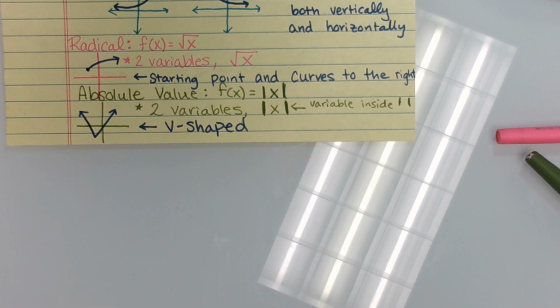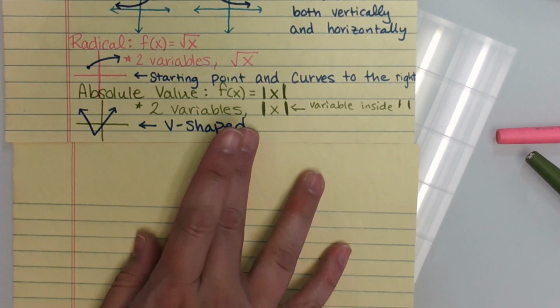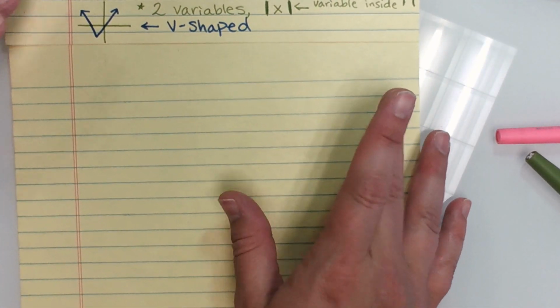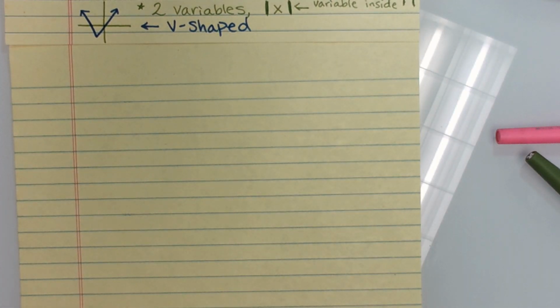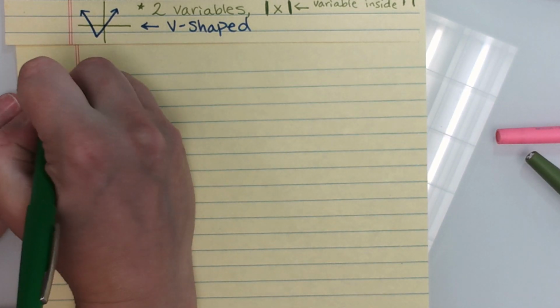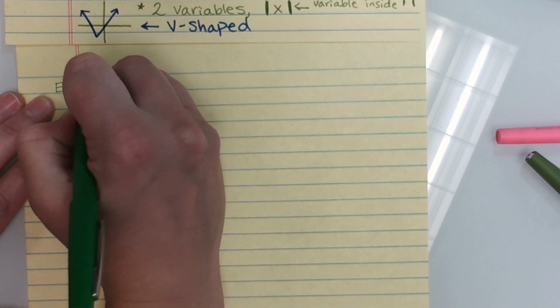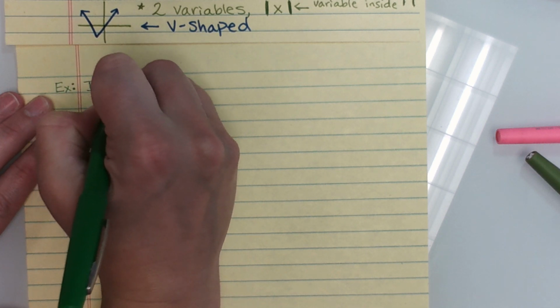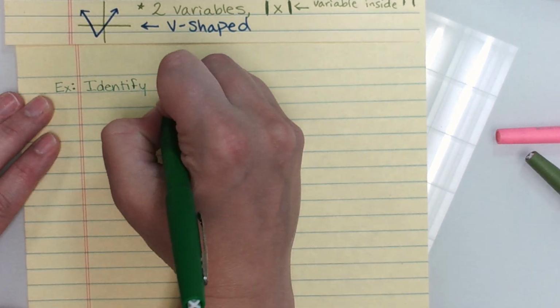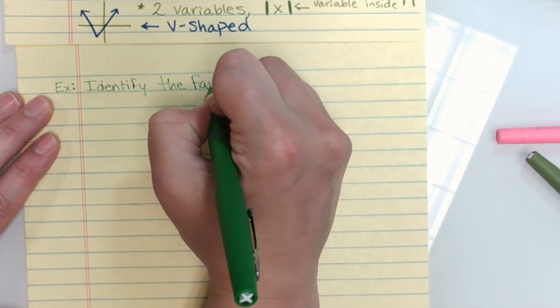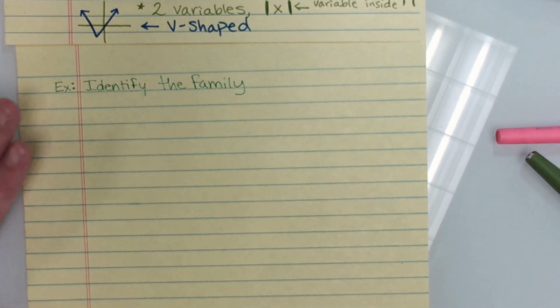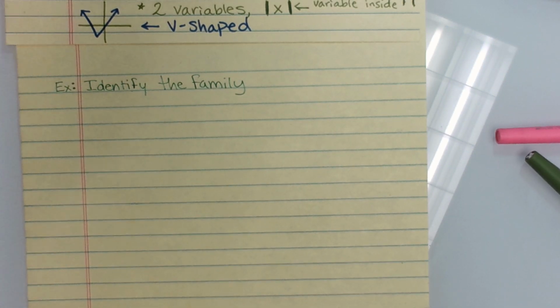Okay, the purpose of today's practice is, can you recognize the family? So, what you're going to see today on your assignment is going to look something like this. It's going to ask you to identify the family.